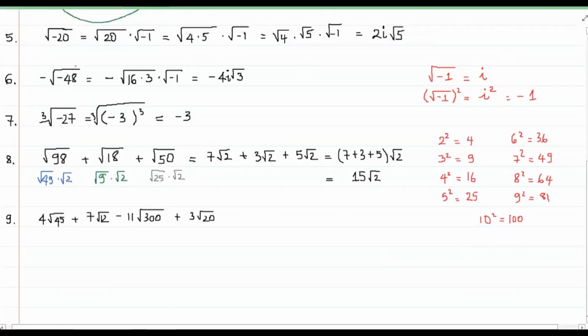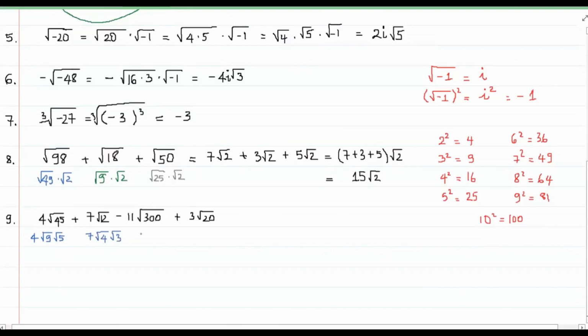Now again, we break it down. So 45 we can make 9 times 5, which is 45. So we break the 45 down. So we have 4 times the square root of 9 times the square root of 5. Okay. For 7 times the square root of 12, we rewrite it: 7 times the square root of 4 times the square root of 3.